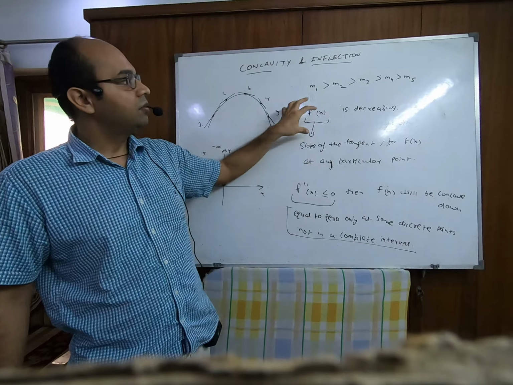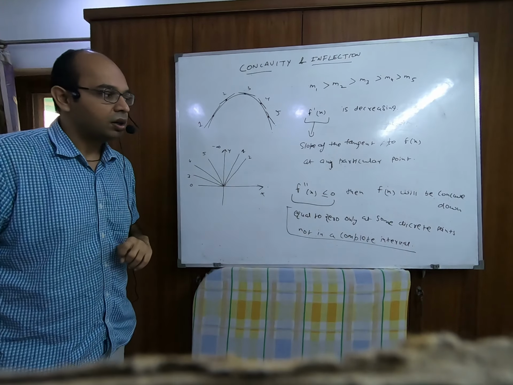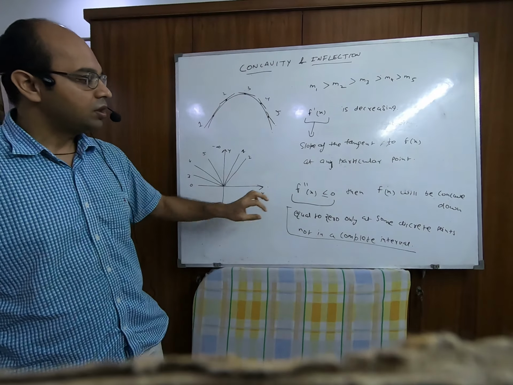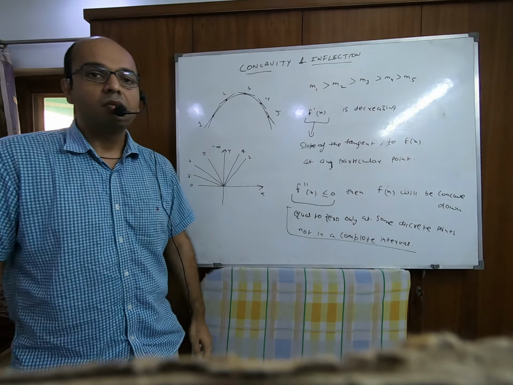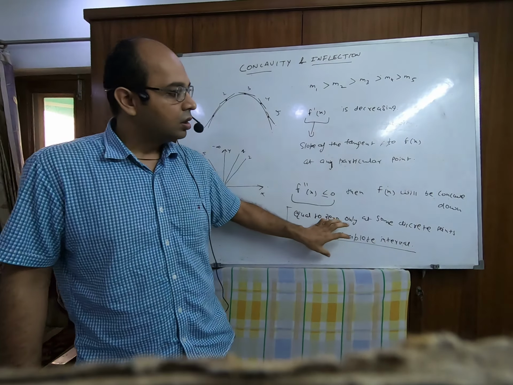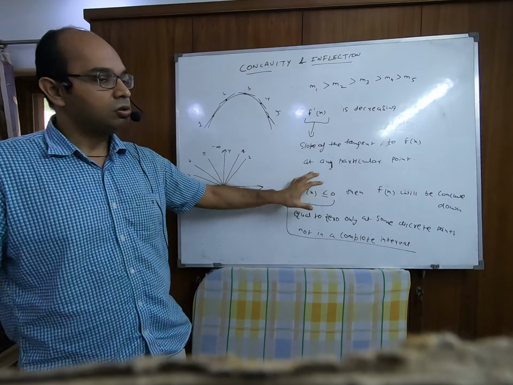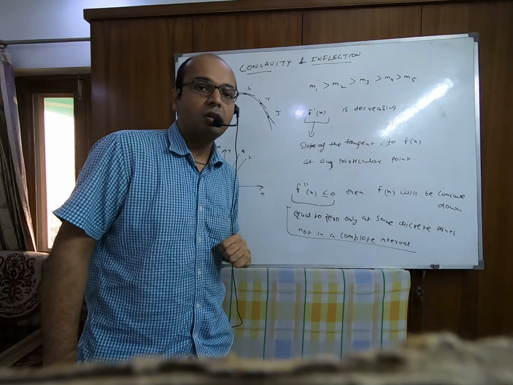If this is true, then f'(x) will be decreasing. But this equality can hold only at some discrete points. It cannot be 0 in a complete interval. It can be 0 but only at some discrete points.